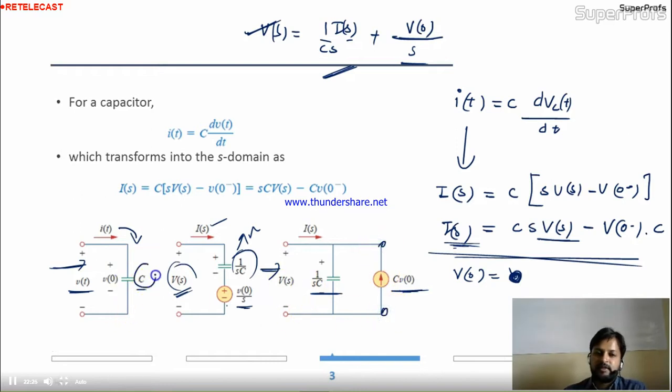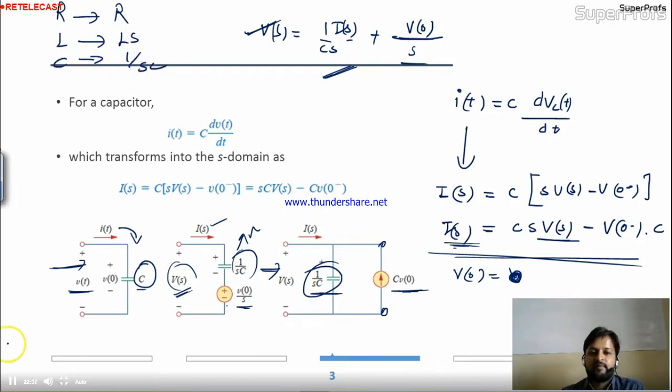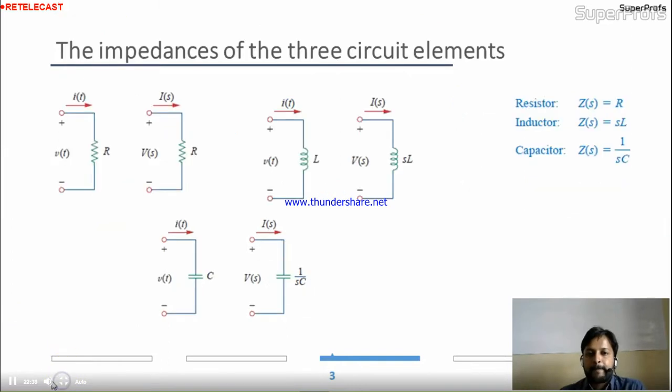So you can see the capacitor will change into the 1 by SC. So here again I'm telling, R will convert to R, L we can write as SL, C we can write as 1 by SC. Is it okay? So here the impedance in the S domain for a resistor will be R, for an inductor will be SL, for a capacitor will be 1 by SC.